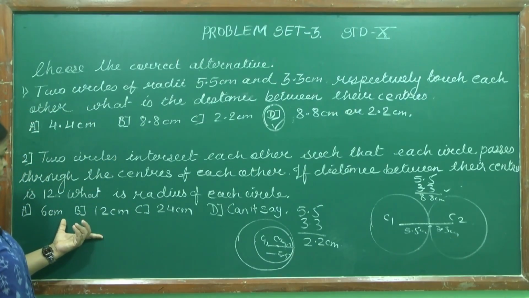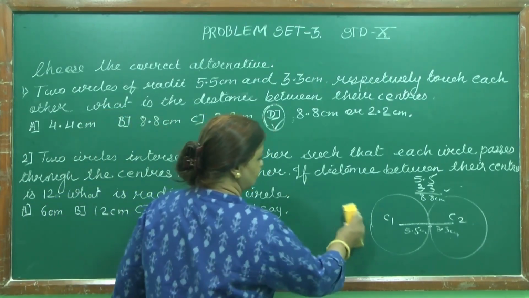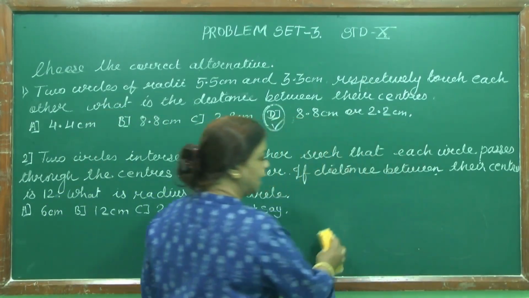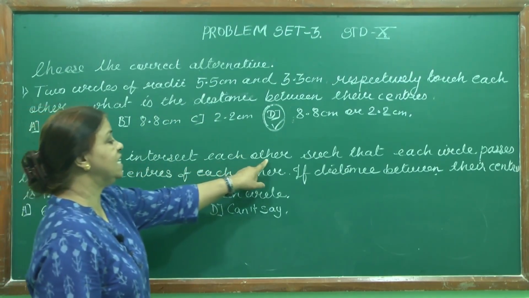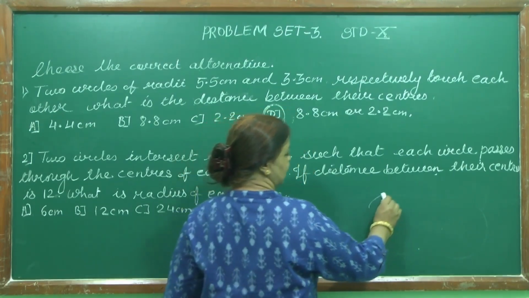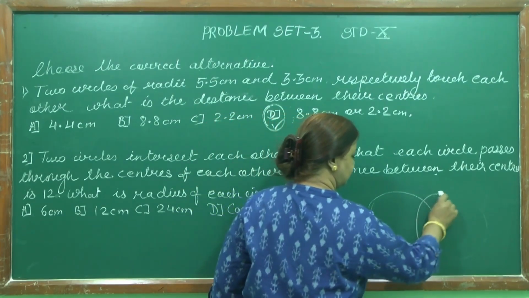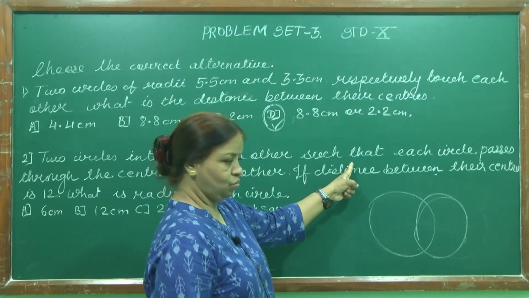Now moving to the second question. Let me rub it. The second question says two circles intersect each other. Intersecting means like this. Clear? But how?